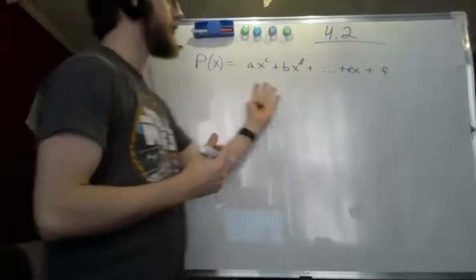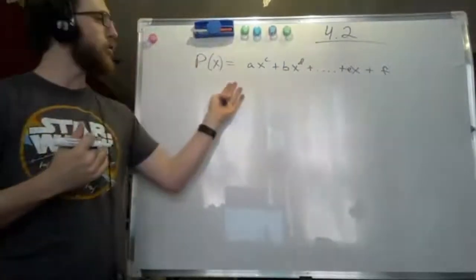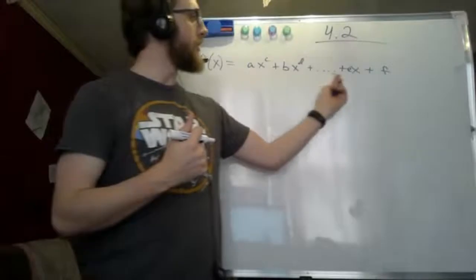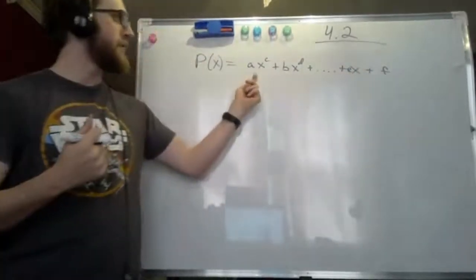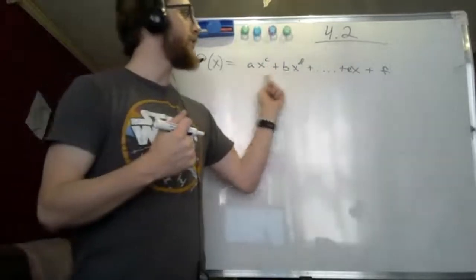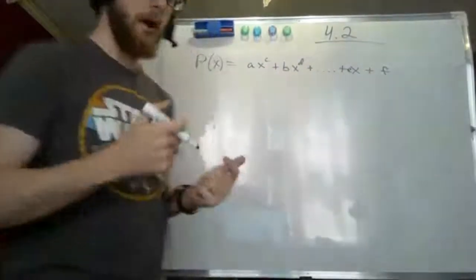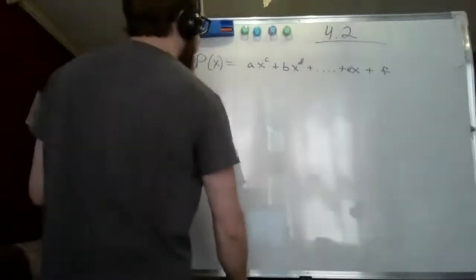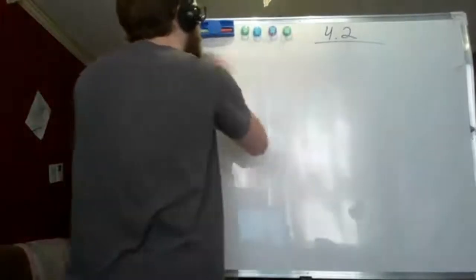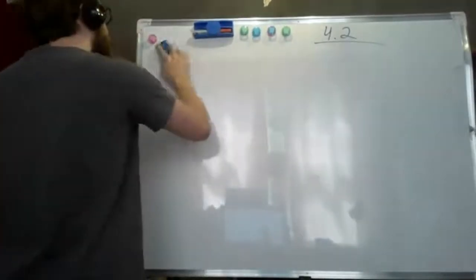This is a polynomial function when you have an equation in this format, where it's just a linear combination where we're adding and subtracting x's to different powers with different coefficients on them. So after today, you're going to be able to look at any polynomial function and know how to graph it. So let's go ahead and get started.